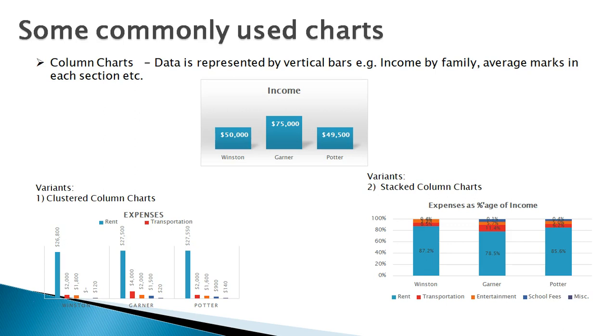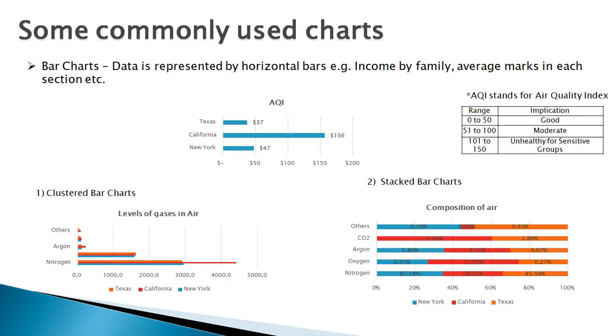When you want to represent your data based on any ranges, for example, income by family or average marks in each section, for these types of requirements you can go for column charts. When you go for a bar chart, you can go for either a horizontal or a vertical representation, or even the clustered bar charts or clustered column charts.